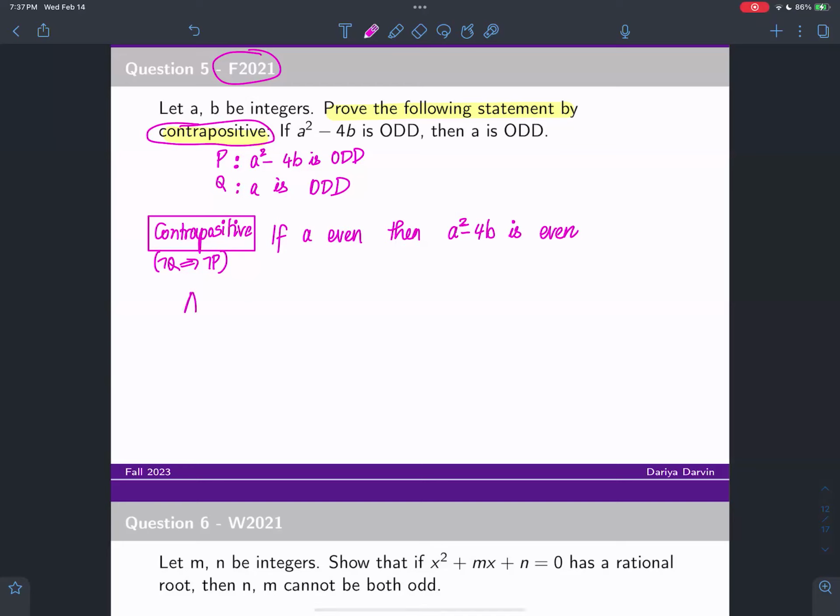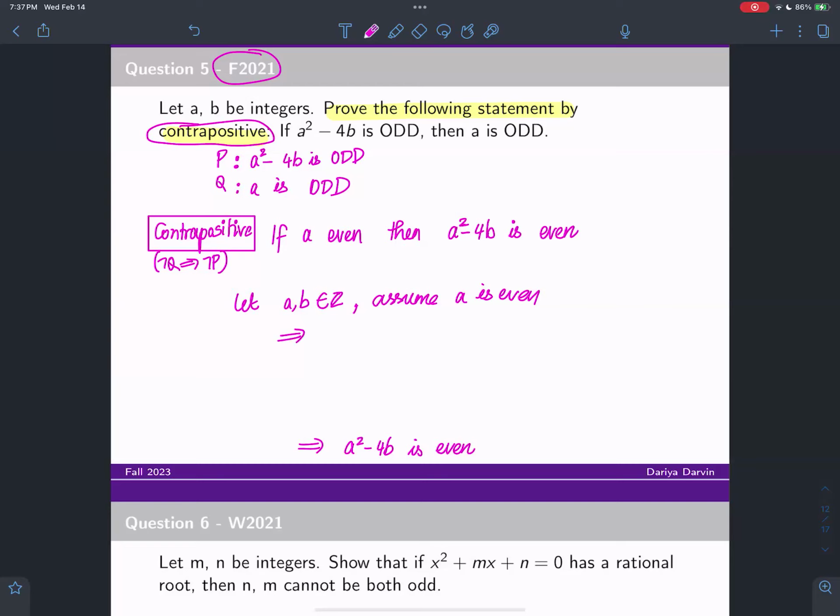Okay, so what's my assumption here? Assume A is even. Excellent. Now I want to show A squared minus 4B is even.